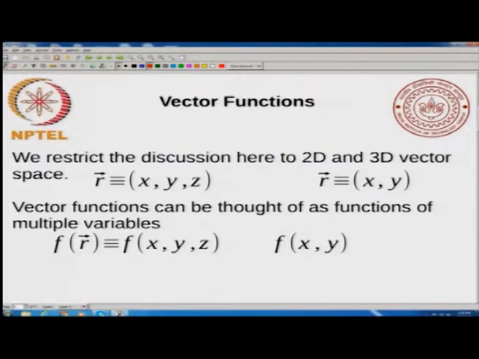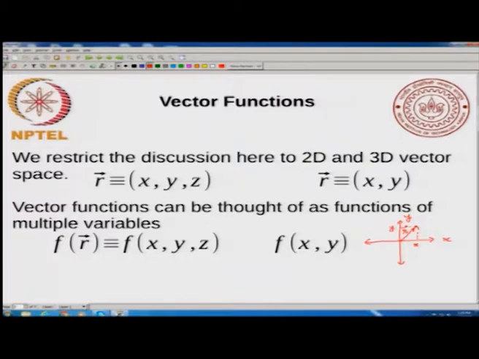Just to illustrate, if you have 2-dimensional space, you have x, you have y, and suppose you take an arbitrary point, you can think of this as this vector R. These are the x and y coordinates. So you can think of a vector as a point in this 2-dimensional coordinate system, and therefore I can represent it as R, which has 2 components x and y, and in 3D space R has 3 components x, y, z.